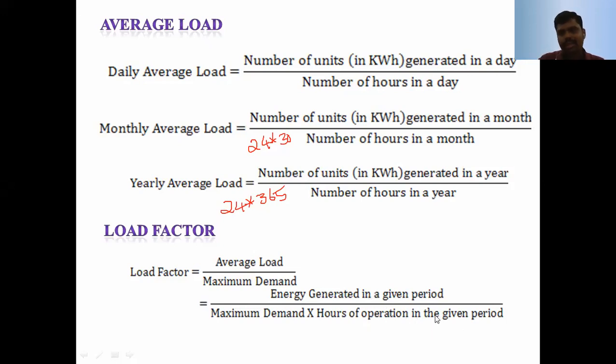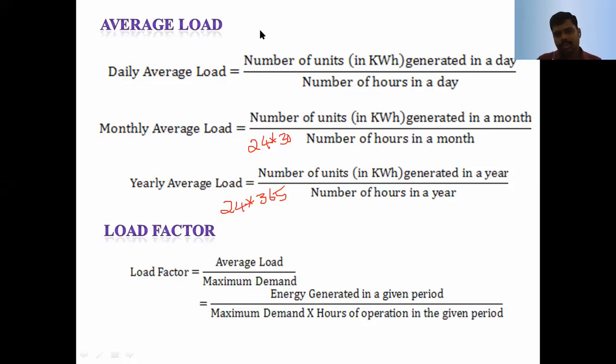Suppose we consider it for the month, that is 24 hours into 30 days. Annual load factor means the energy generated in a year divided by the maximum demand on the power plant multiplied by the hours of operation in the given period. That is, annual means per day 24 hours into 365 days.